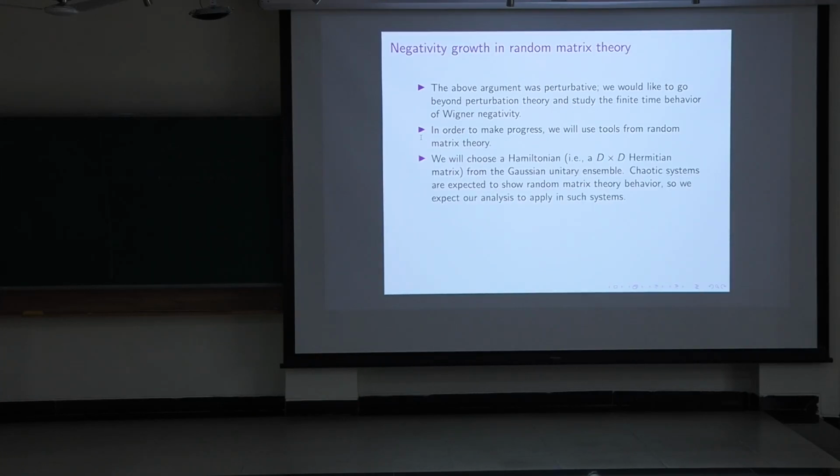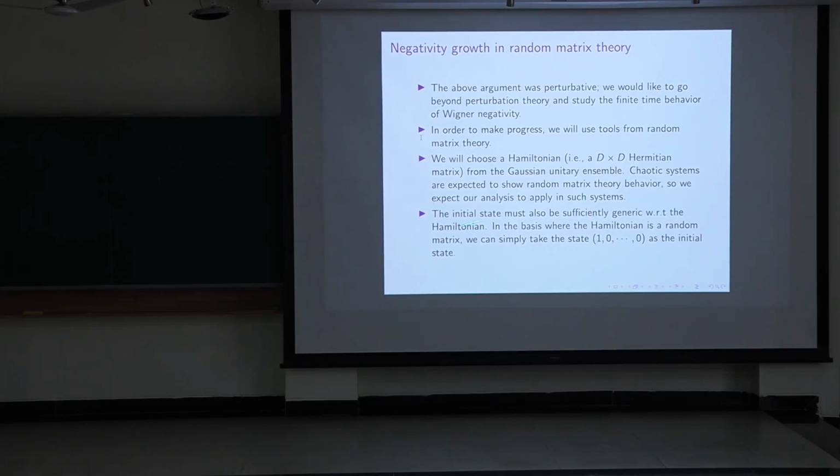So we will now take this Hamiltonian to be a d by d Hermitian random matrix. In this talk, I will use the Gaussian unitary ensemble, but I expect many of these results will generalize to other unitary ensembles. And chaotic systems are expected to show random matrix theory behavior, so I would expect much of what we say here to apply to chaotic systems. Okay.